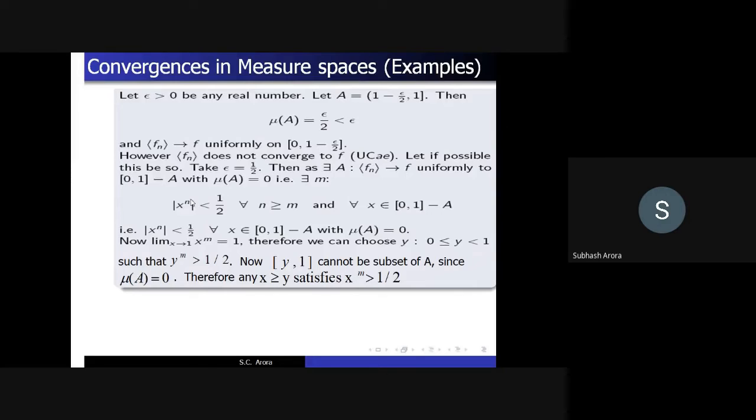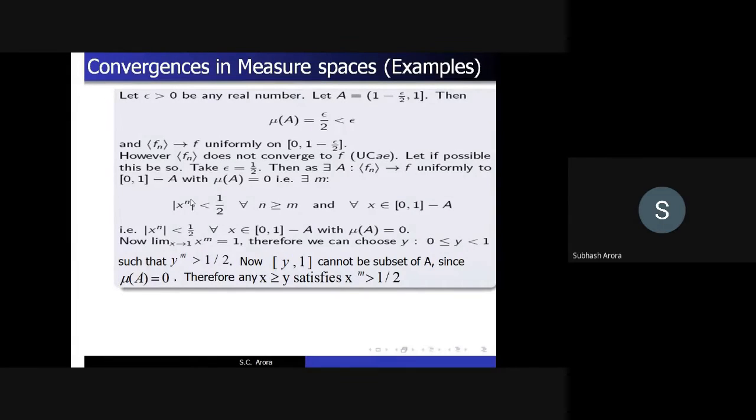The limit of x raised to power M as x tends to 1 is equal to 1 because it's a continuous function. Therefore, we can choose y with y greater than or equal to 0 and less than 1 such that y to the power M is greater than 1 by 2. Now, [y,1] cannot be a subset of A since mu of A is equal to 0. Therefore, any x greater than or equal to y satisfies x to the power M greater than 1 by 2.